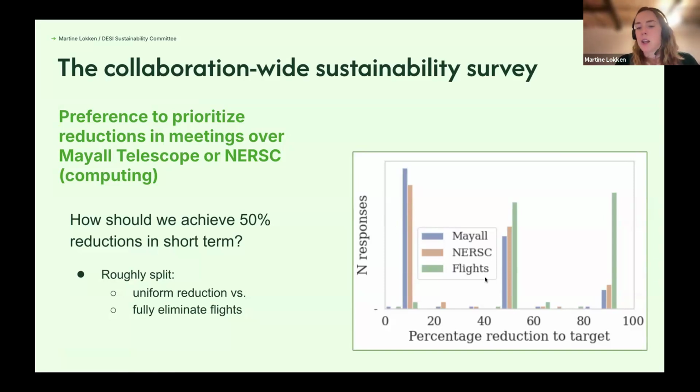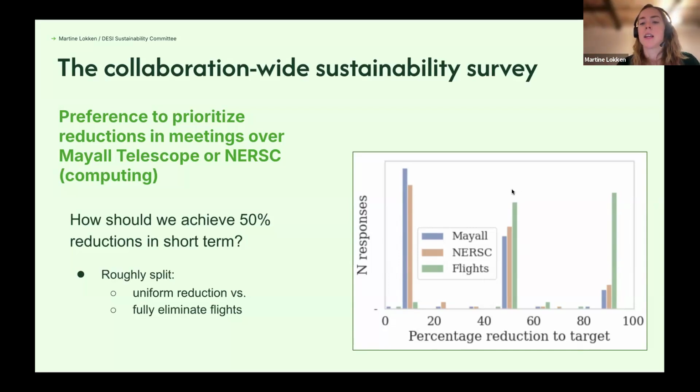This chart's a little bit hard to read at first sight, but what this is saying is that most people wanted to reduce mail and NERSC by only 10% and flights by 90%. And that combination would get us to that 50% reduction more or less because of the way those categories break down.